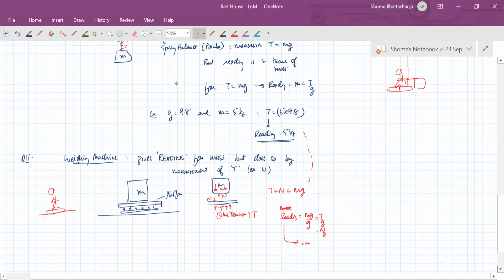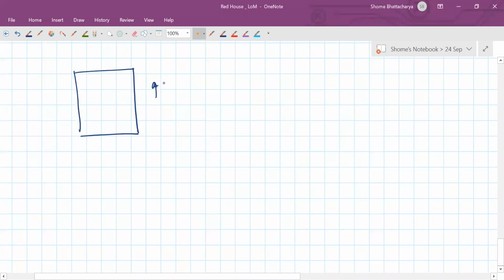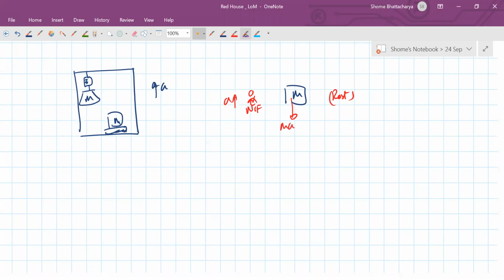Whether you are suspending a mass inside an elevator which is accelerating upwards, using a spring balance, or you put that mass on top of a weighing machine, in either case the mass is at rest in the non-inertial frame, but that frame is going upwards with acceleration a. So there is the pseudo force, plus the normal weight, plus a third force, which will be either the tension in the case of the spring balance, or the normal reaction in the case of a floor-standing weighing machine.